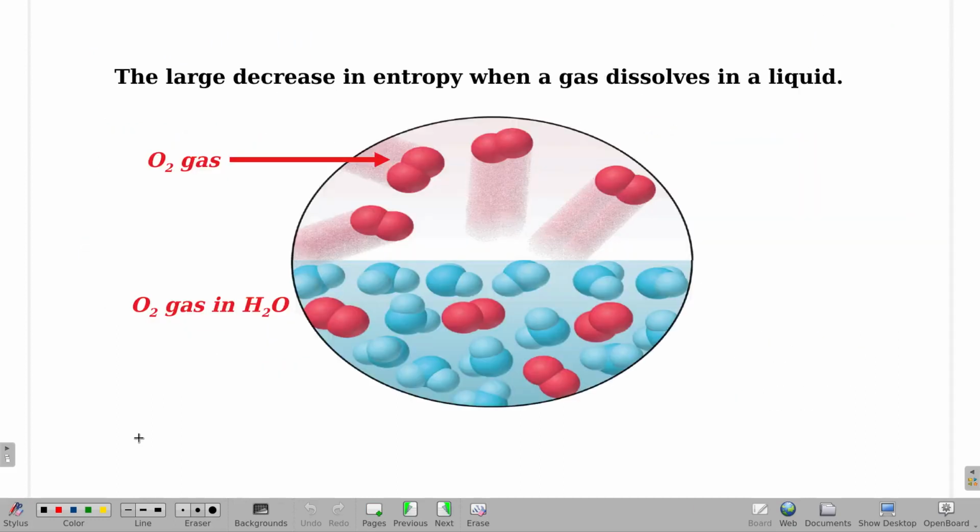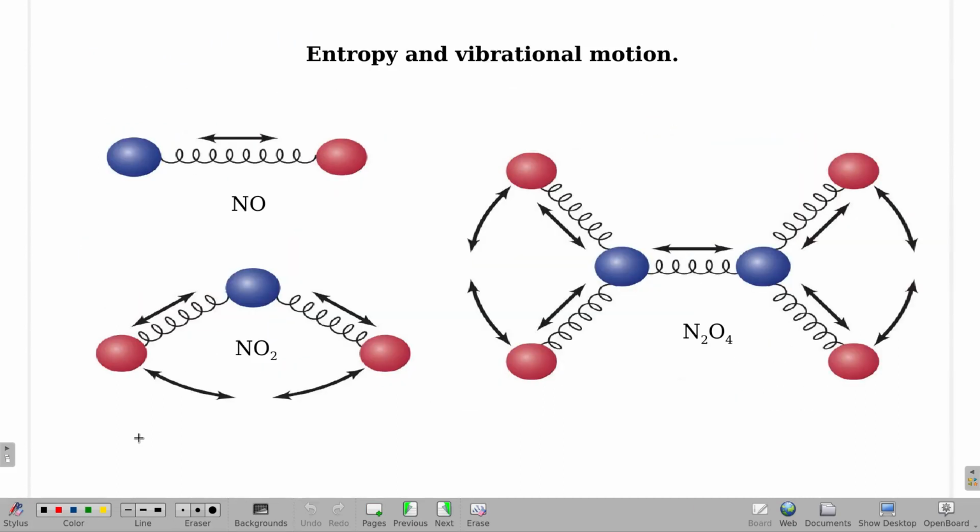All right, the complexity is a weird one, though. This makes sense if we look at some examples. What we have here is various different molecules made out of just nitrogens and oxygens, and we're relating entropy to how the molecule vibrates. That's what these little arrows are representing. We view bonds as kind of like springs. Some are stiffer than others.